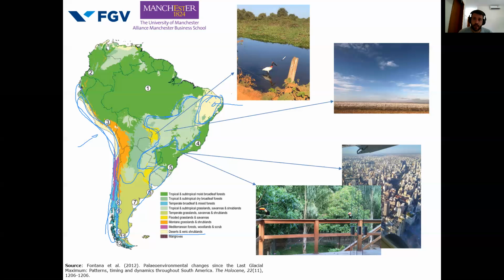Okay. Here I put some pictures just to illustrate some of the biomes that we have here in Brazil. First, and I forgot to mention, the flooded grassland and savannas, which in Brazil we name Pantanal.